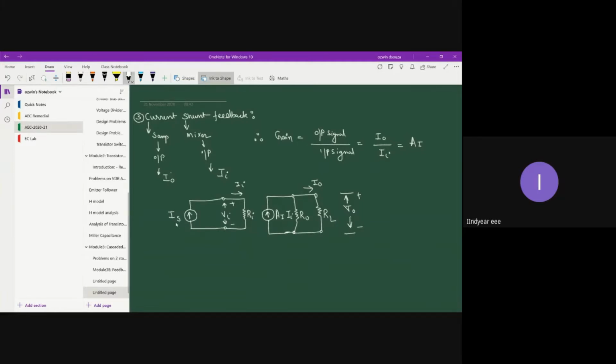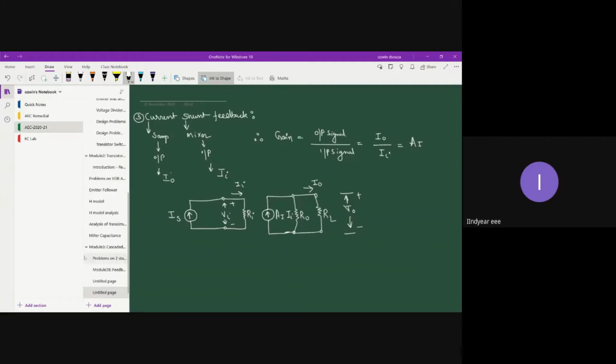This is IS. Now you need to have a feedback signal which is proportional to current itself, right? It should be proportional to current signal. So that means I naught should be proportional to, IF should be proportional to the current signal. So basically this is how we do it.